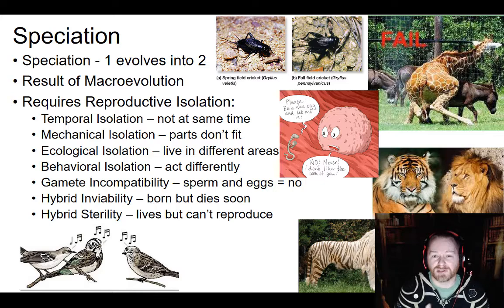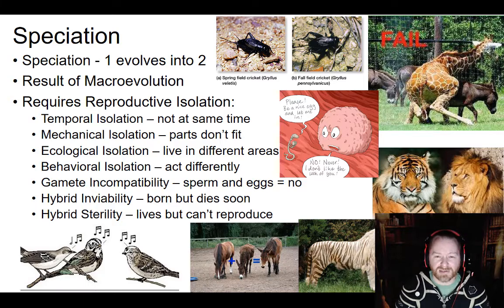Most of them are stillborn. The ones that are born only live a few years and very rarely reach sexual maturity, and even if they did, they're sterile. So as a species, ligers cannot reproduce, therefore ligers are not a species. That process helps keep lions and tigers separated, and helps drive that process of speciation.